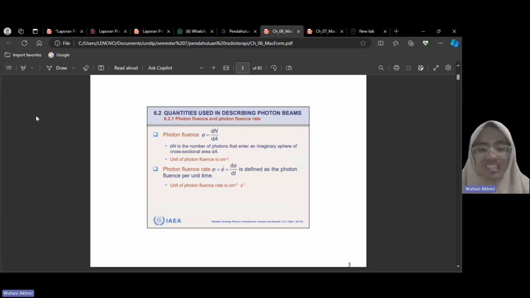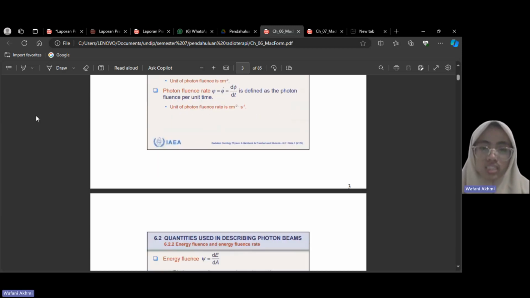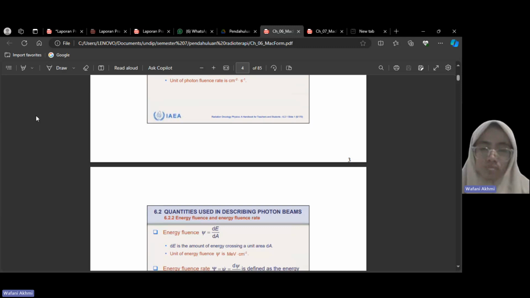Photon flux rate, phi dot, equals d phi divided by dt, defined as the photon flux per unit time. Unit of photon flux rate is centimeter to the power minus 2, per second.